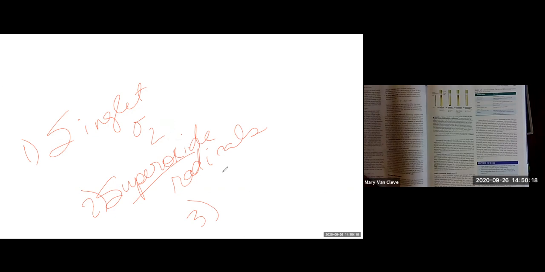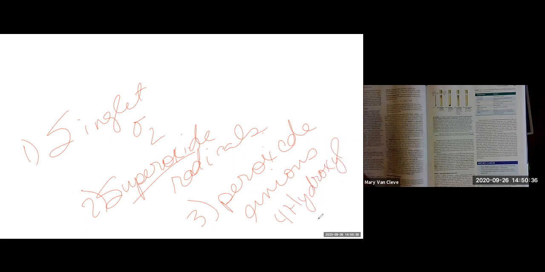Thirdly is your peroxide anions. And then we have your hydroxyl radicals. Those are your 4 types of toxic forms of oxygen.